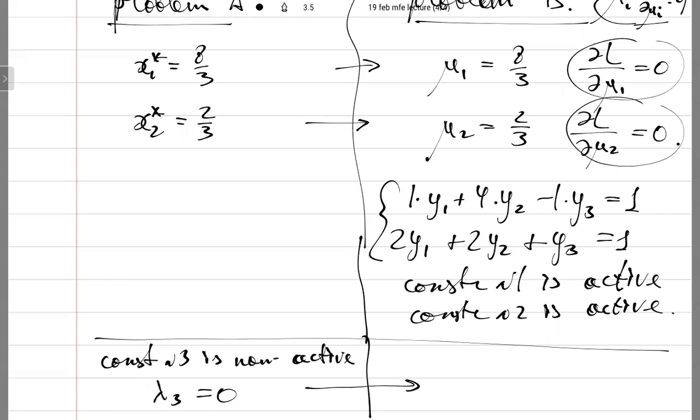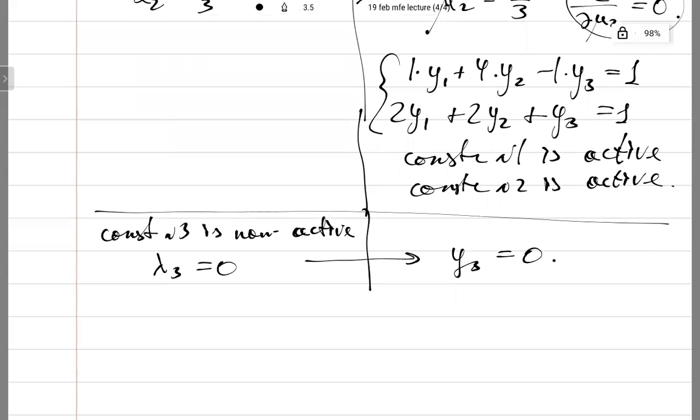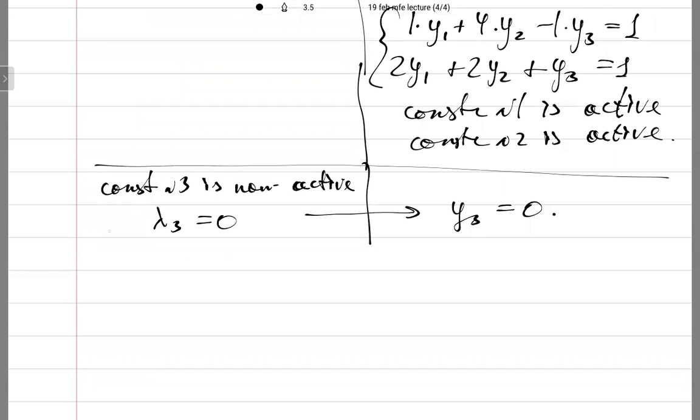But if you go in the dual problem, then you will have Y3 is 0. Basically, we have finished. Y3 is 0 because Y is just renaming of lambda in the problem A. Original variables for problem B are Lagrange multipliers for problem A, and Lagrange multipliers for problem A are original variables for problem B.